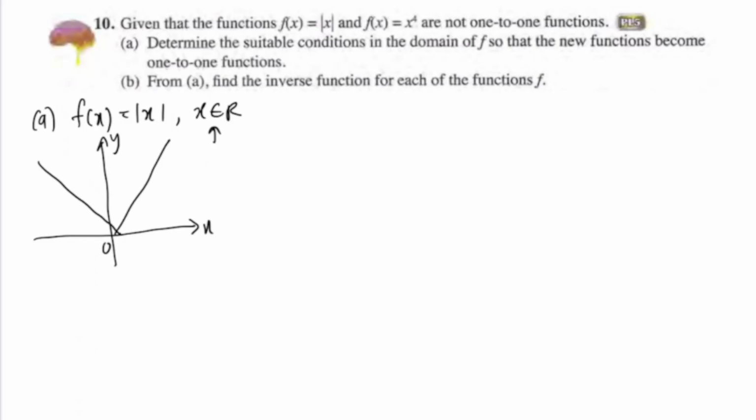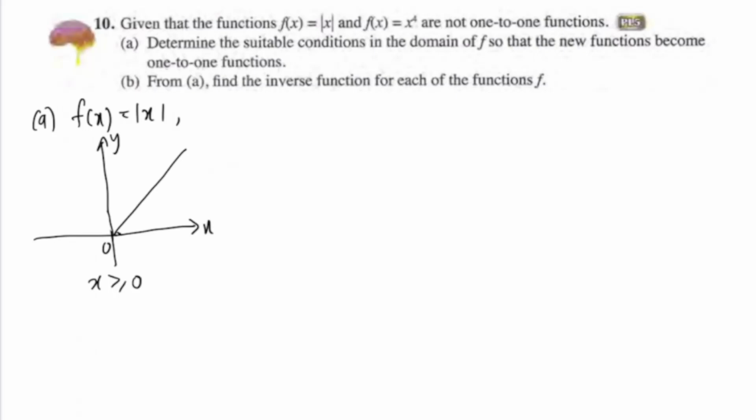This is your domain. But if you restrict the domain, you say, okay, I don't want the left hand side. I just change this to x greater than or equal to 0. That means the function, sorry for the ugliness, is supposed to be only one part on the right.